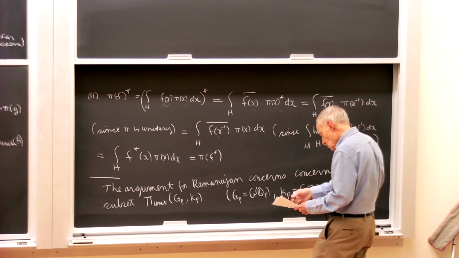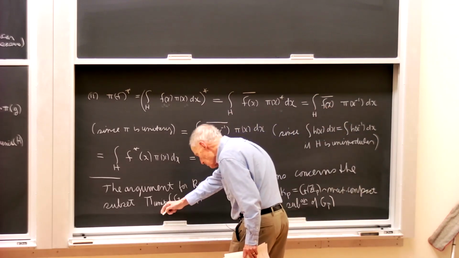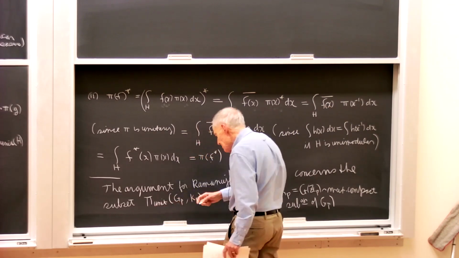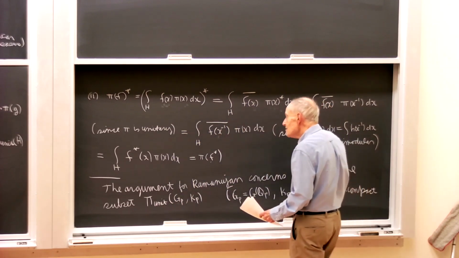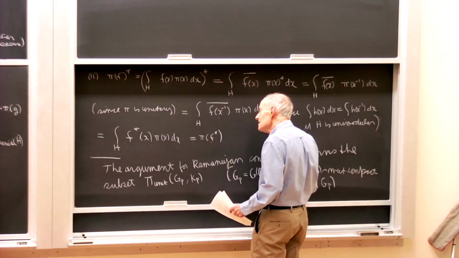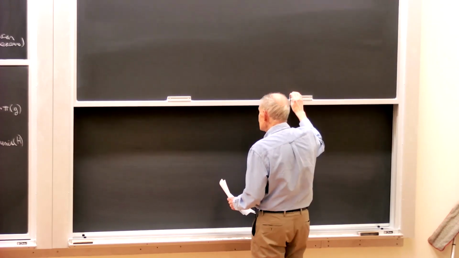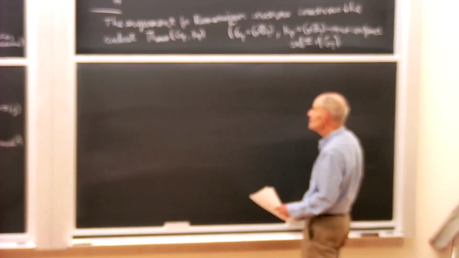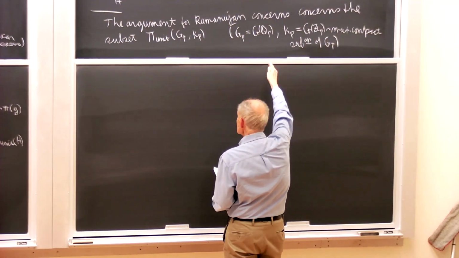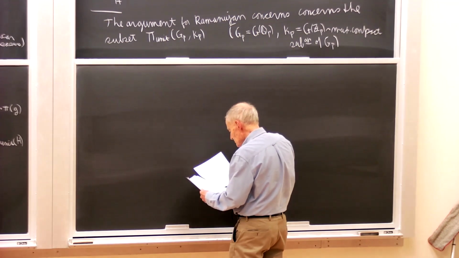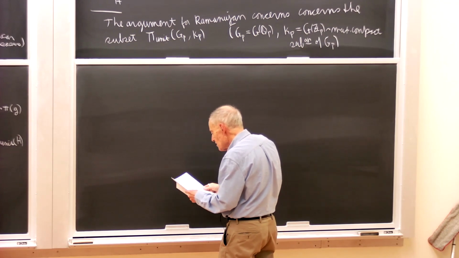Okay, so this is pi unitary G_p K_p. So this is a long sentence, and this is just an aside here, but this concerns the subset of unitary representations.